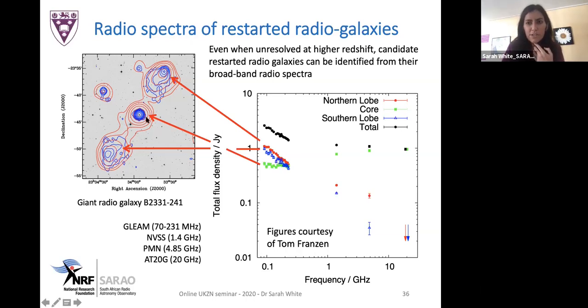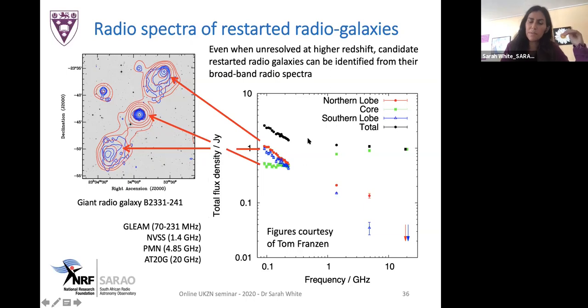Whereas the radio emission associated with the core, it's the only one to actually be detected at 20 gigahertz at higher frequencies. And that follows our standard flat spectral emission that we expect to see. And it's by summing each of those components that we see this total radio emission represented by the black data points.